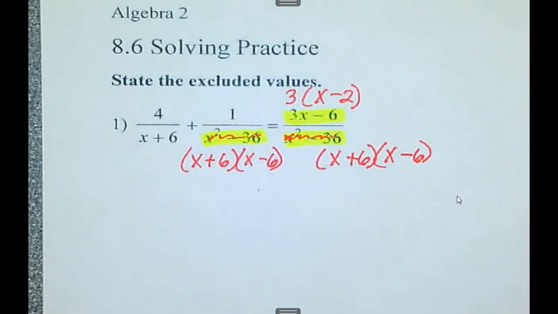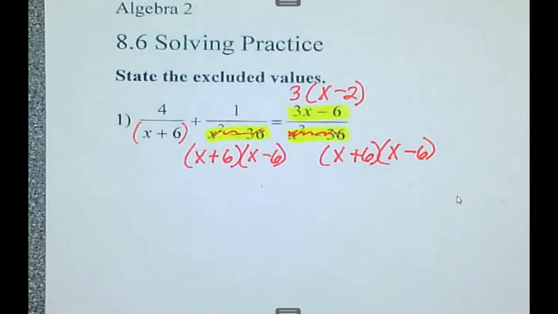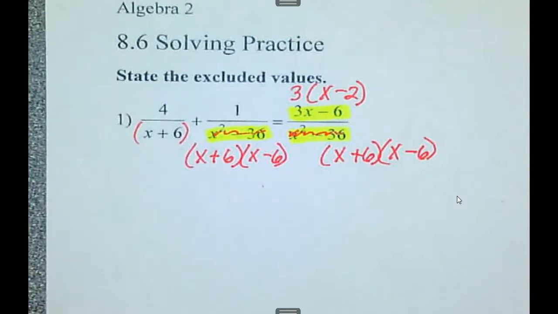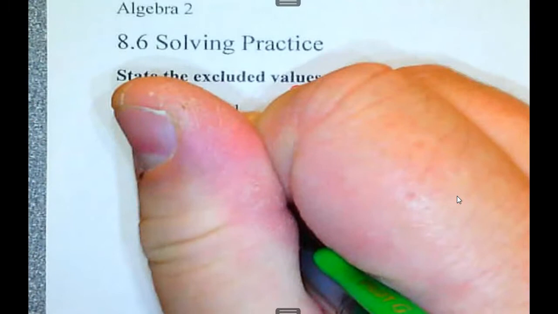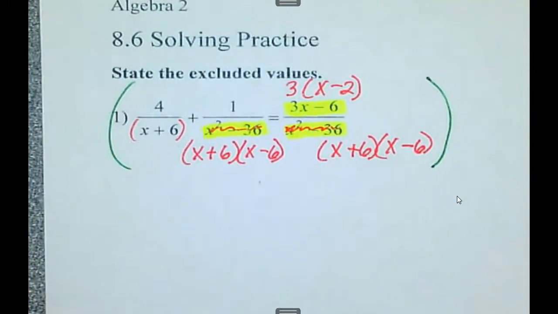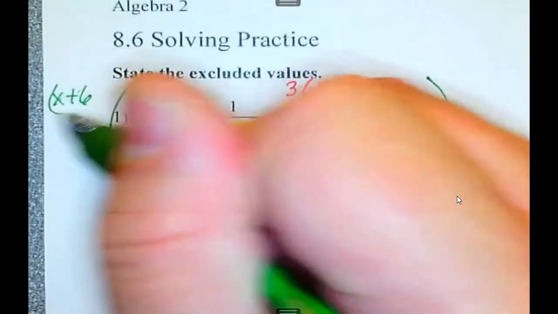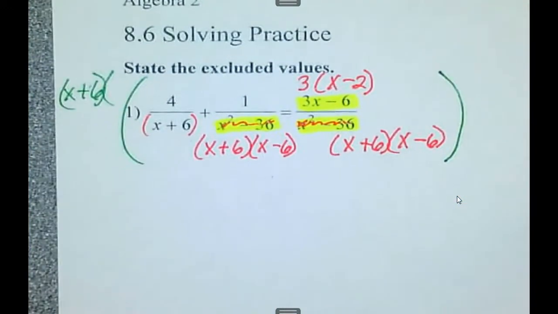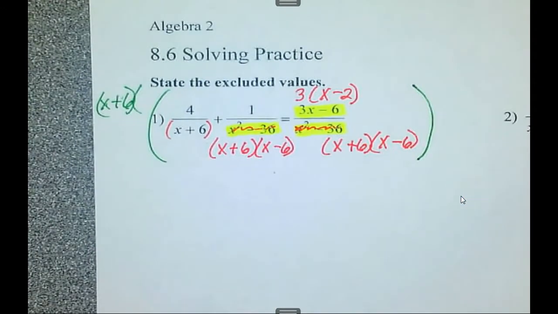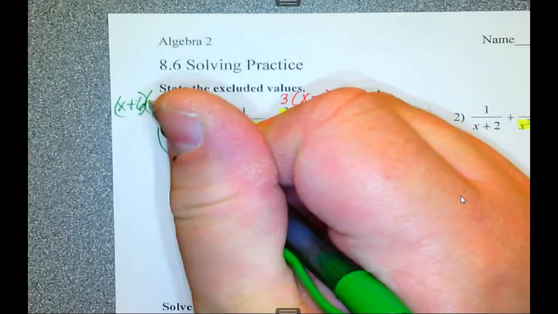Okay, so what's my lowest common multiple here? I need a x plus 6, right? So I'm going to multiply this whole thing by my lowest common multiple, which is x plus 6 and x minus 6, right?